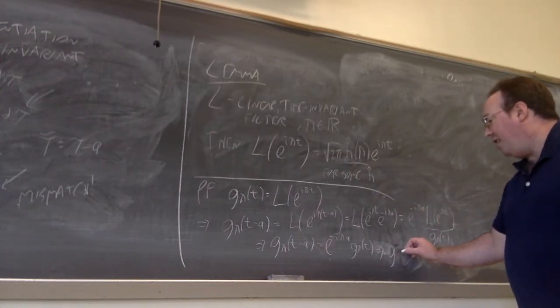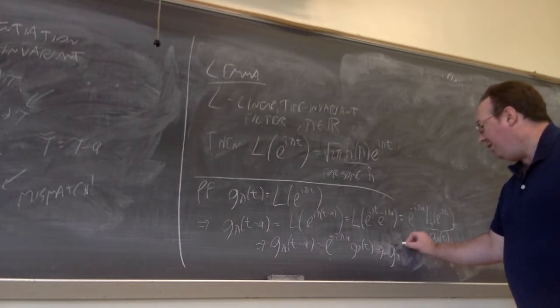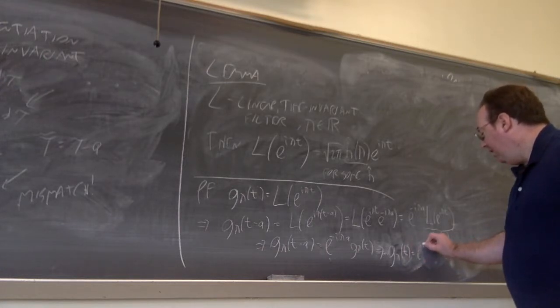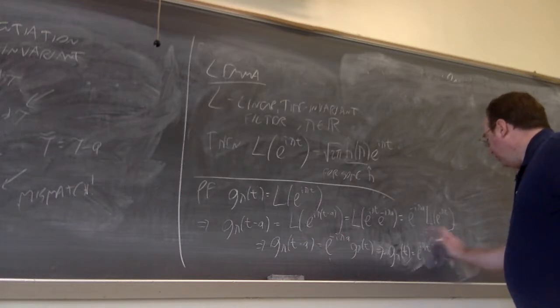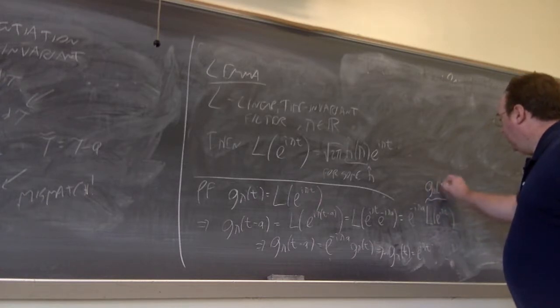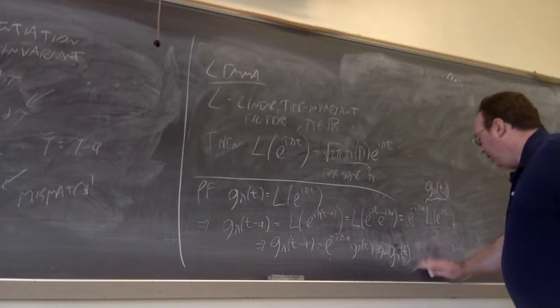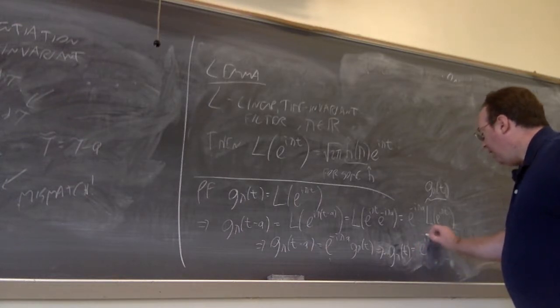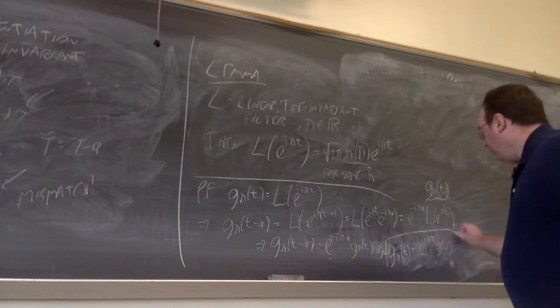And I can rename a to something else. So I can say g lambda of t is equal to e to the I lambda t g of 0. So this is the relationship we really want.